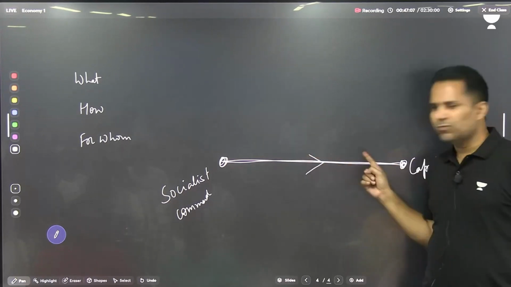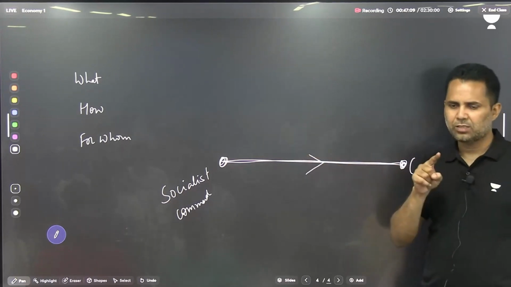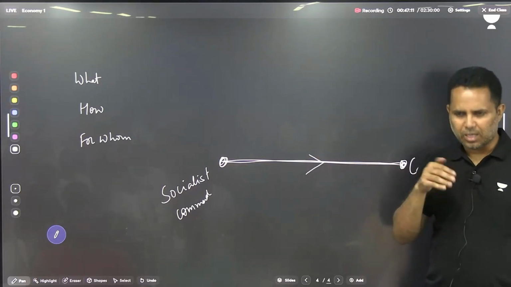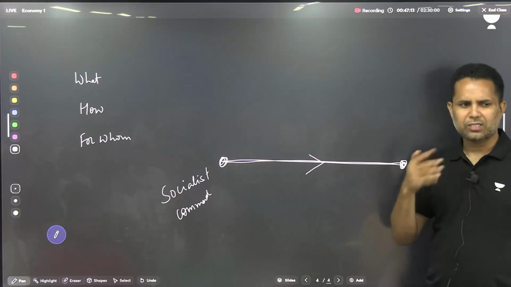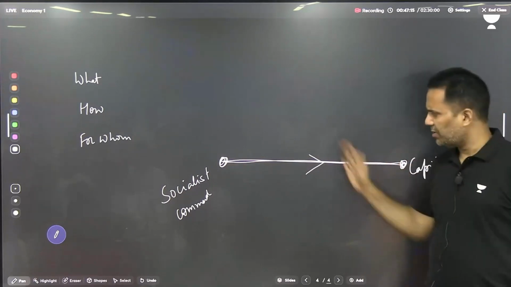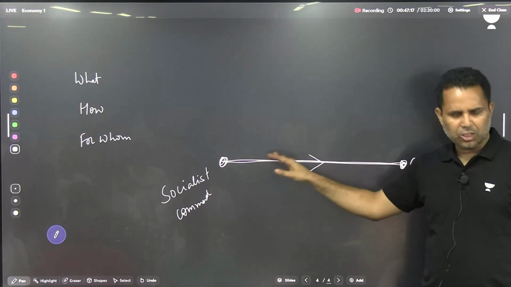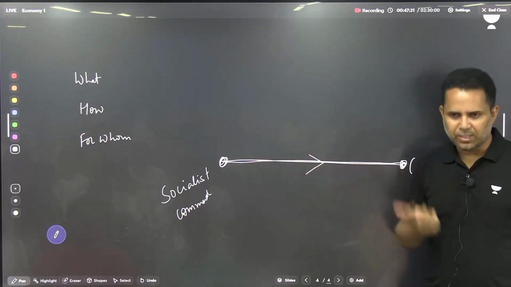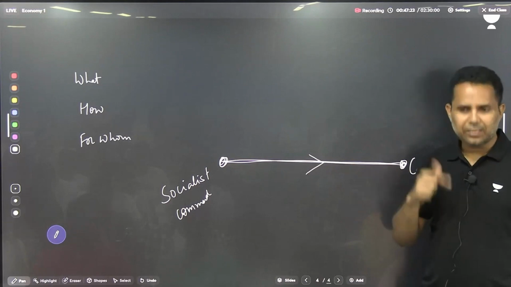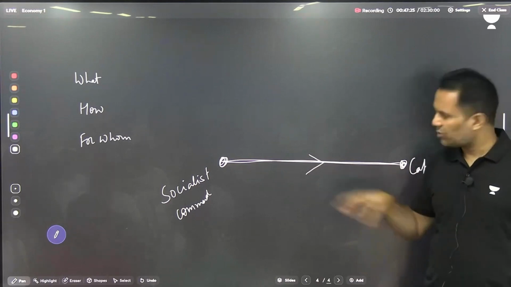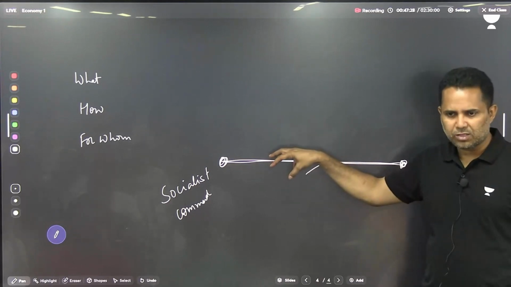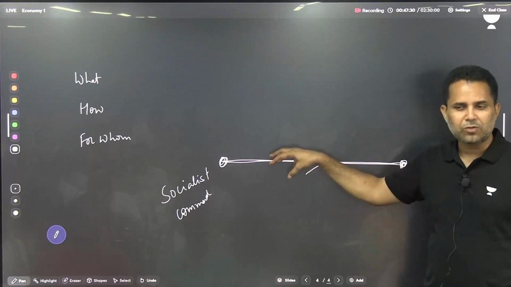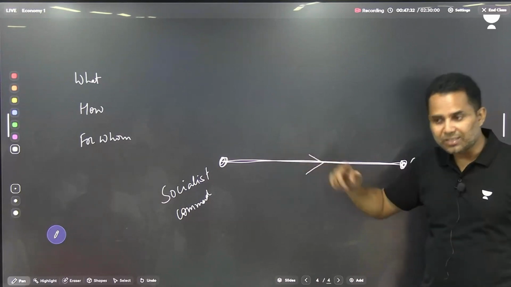Every country is moving in this direction because earlier, 20, 30, 50, 100 years back, a majority of countries were here. Now we have started moving in this direction because with experience, all these countries realized that when we have a socialist model of economy, we are not able to utilize our resources efficiently.